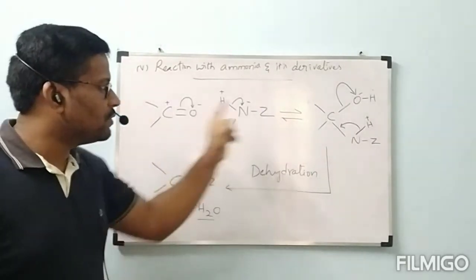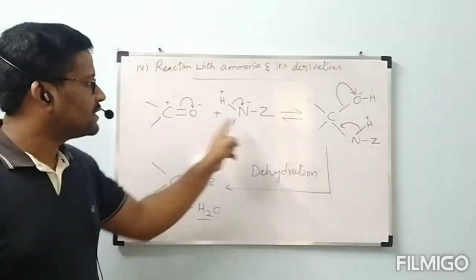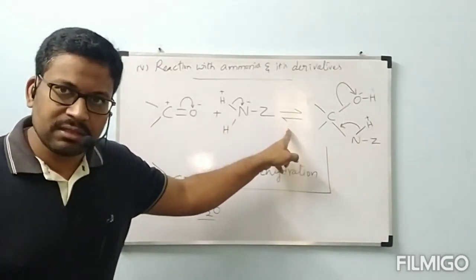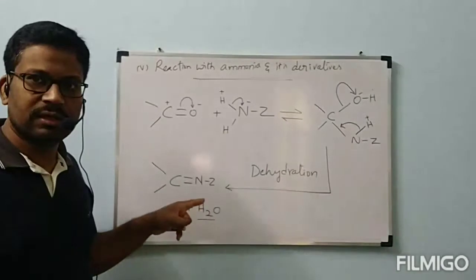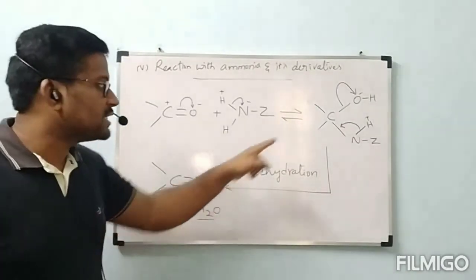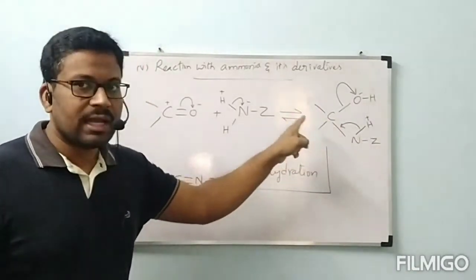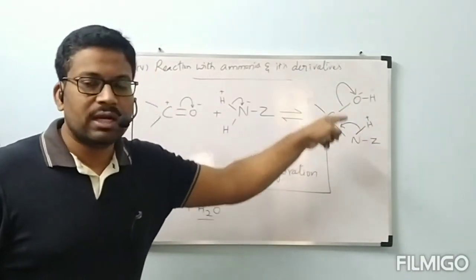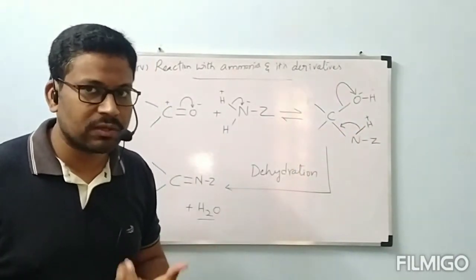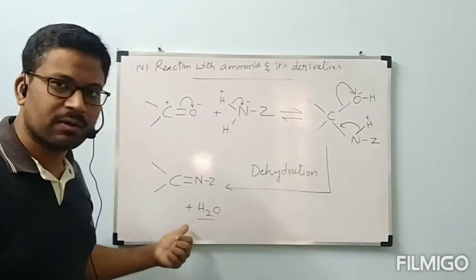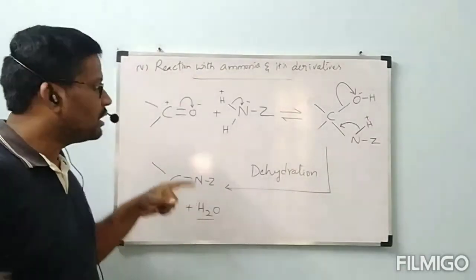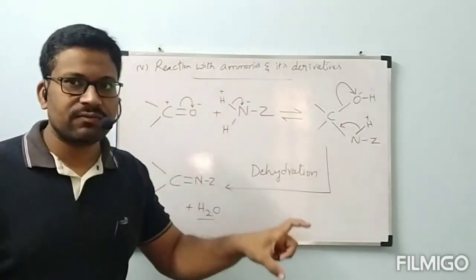In this whole reaction, the first step is a reversible step, the second step is a single step only. As this is a reversible reaction, immediately this compound will undergo dehydration, and we make that compound undergo dehydration to form the final product. This is the final product. This whole reaction is like a mechanism we can note down.